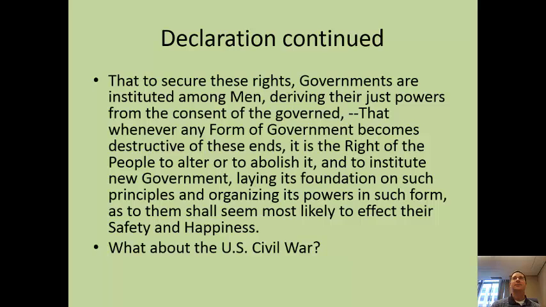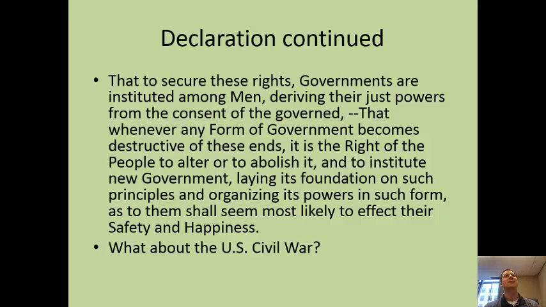All right, so if the government's not working, right? Remember, we're declaring war against Britain because we don't like what the king is doing. If we don't like what the government is, it's our right to overthrow the government and establish one that's more in line with the principles of these inalienable rights. All right. Well, what about the U.S. Civil War?